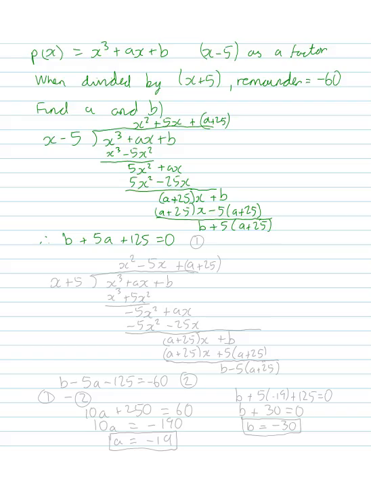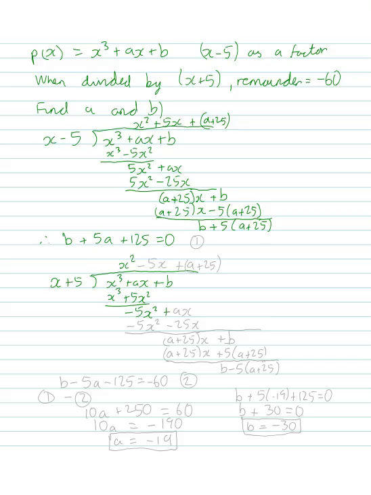So let's do that. x plus 5 now is divided into the same thing, x cubed plus ax plus b. And again, we're multiplying by x squared the first time, and we get x cubed plus 5x squared, and this time when we subtract we get negative 5x squared because there's no other x squared terms.